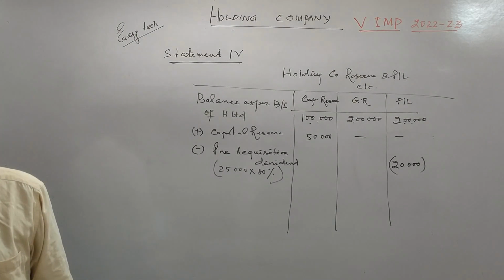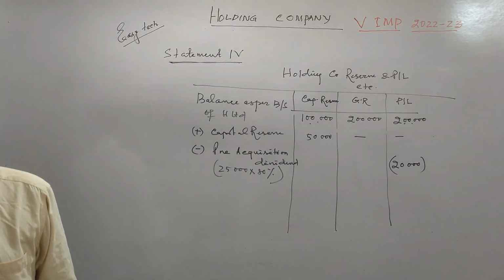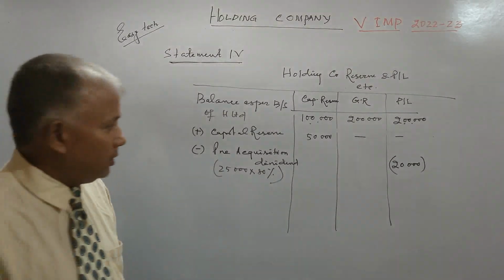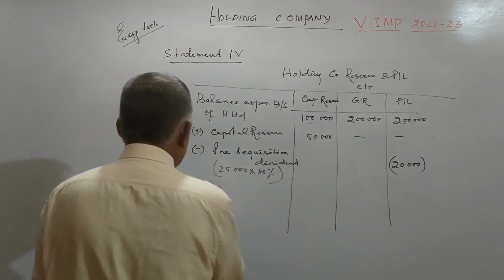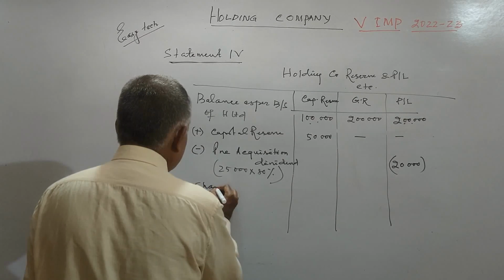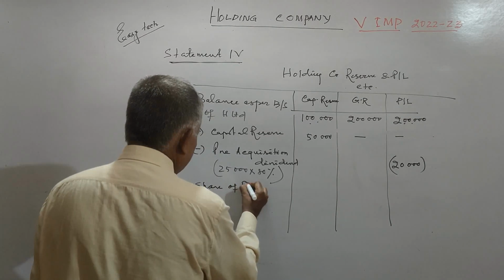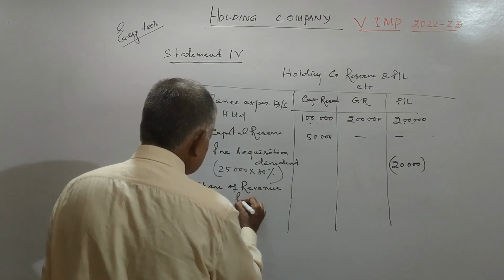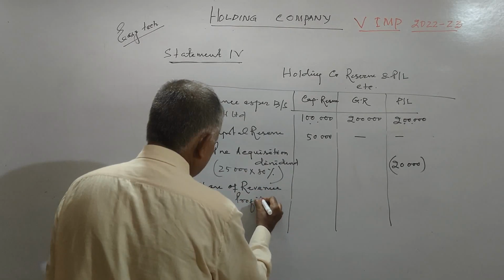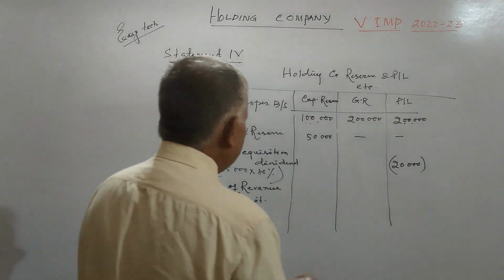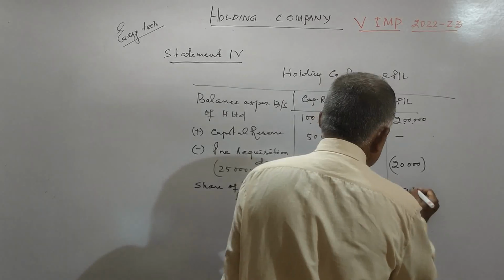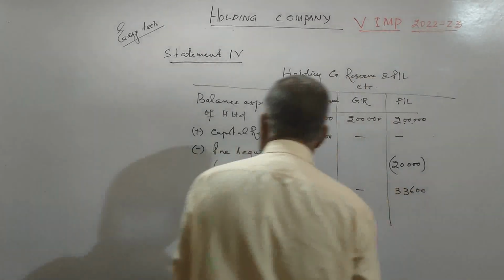Then comes the unrealized profit. Then comes the share of revenue profit. The revenue profit, capital reserve nothing, general reserve, here it is 33,600.